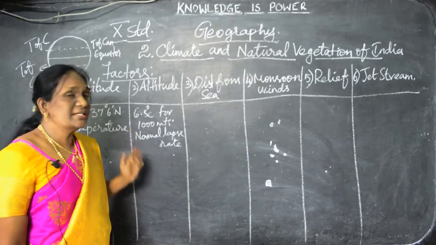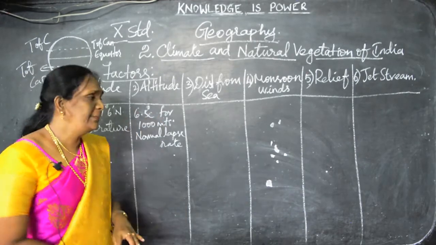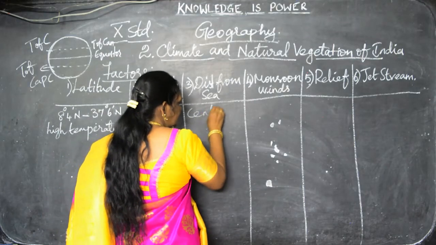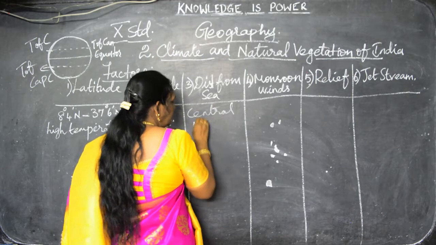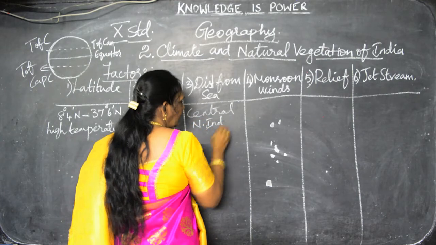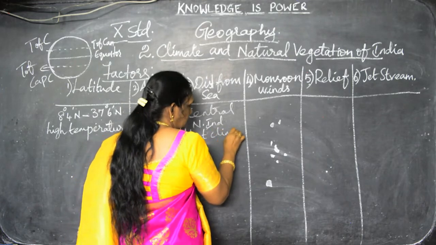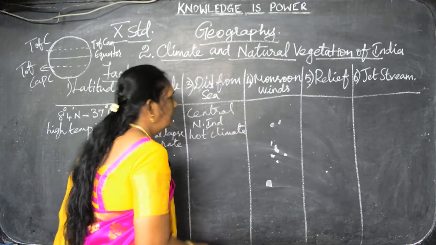So, distance from sea: the central part of India and the northern part of India, central and North India, experience a hot climate. Understand?